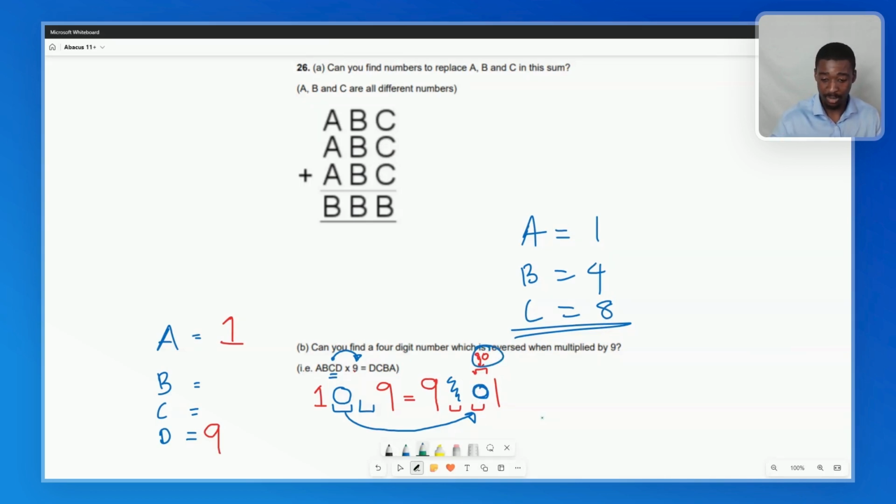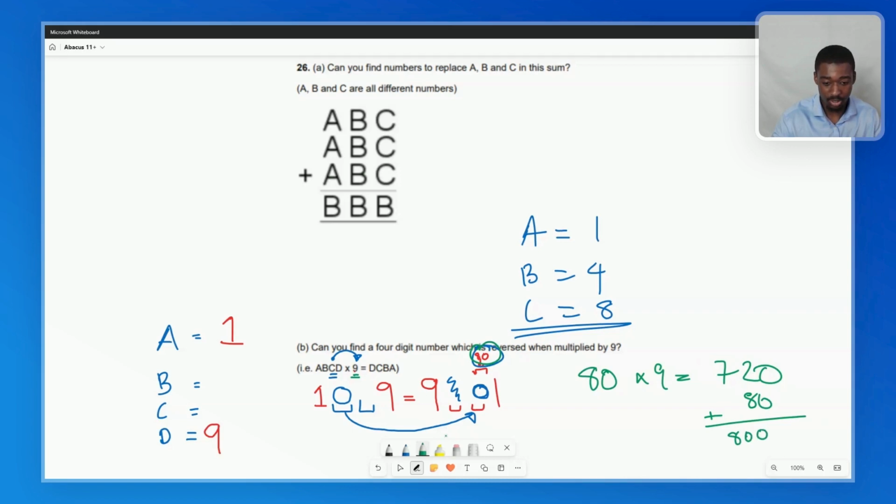Now, if you're good with your times tables, you will know what number multiplied by 9 will give us a value ending in 20. It has to be 80. Only 80 times 9 will give us 720. And when we add 80 to that 720, we get 800.